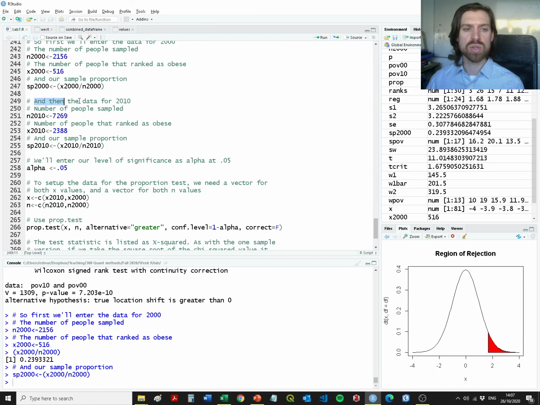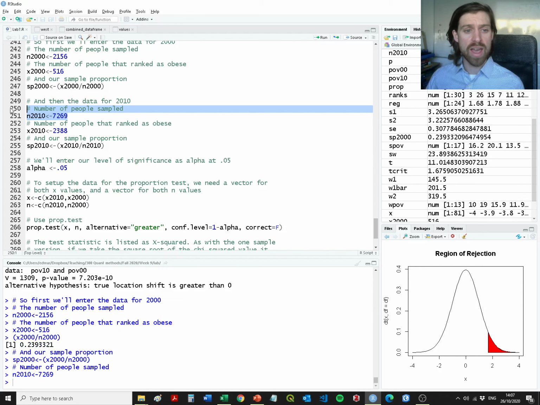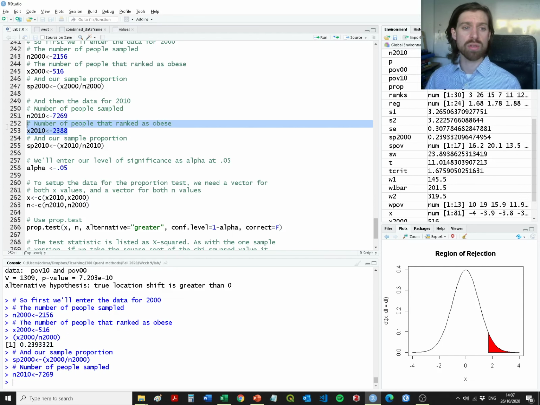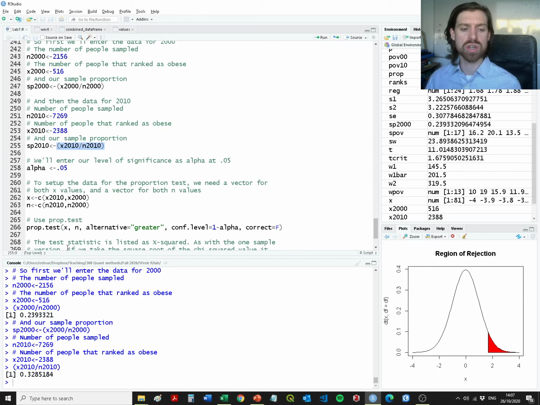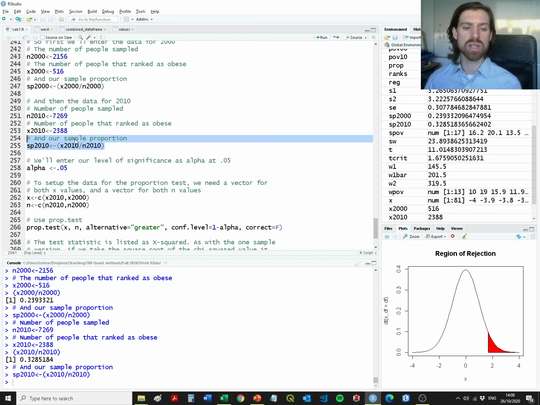And then for the year 2010, the number of people sampled was about 7,269. And then essentially about 2,388 were actually ranked as obese, quite a large number. And that equates to about 32.8% of the state population that are classed in this weight category.